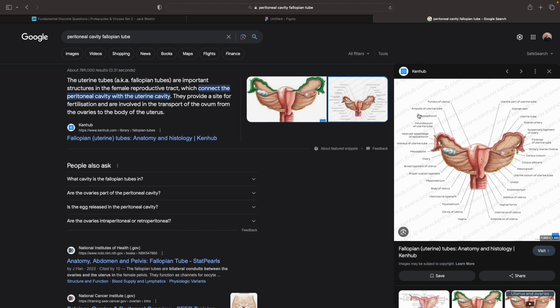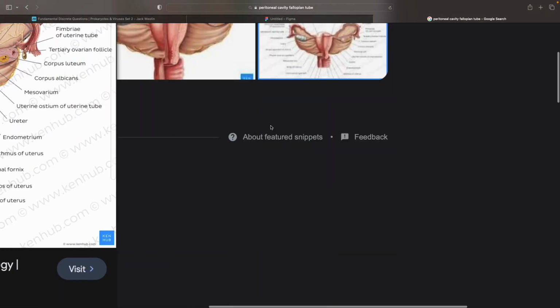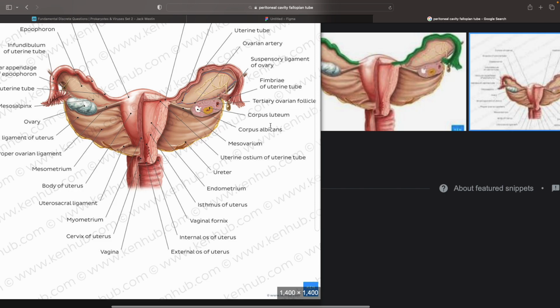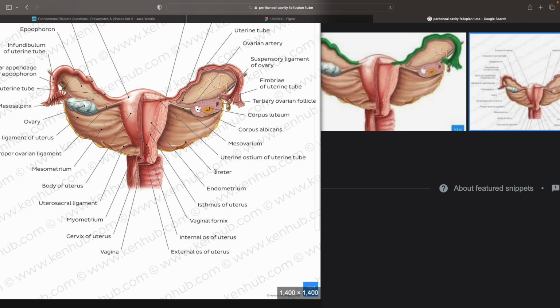We have the ampulla of uterine tube. And then we have the fundus. Now we have the external os of uterus. We have internal os of uterus. We have the vaginal fornix. We have the isthmus of uterus.